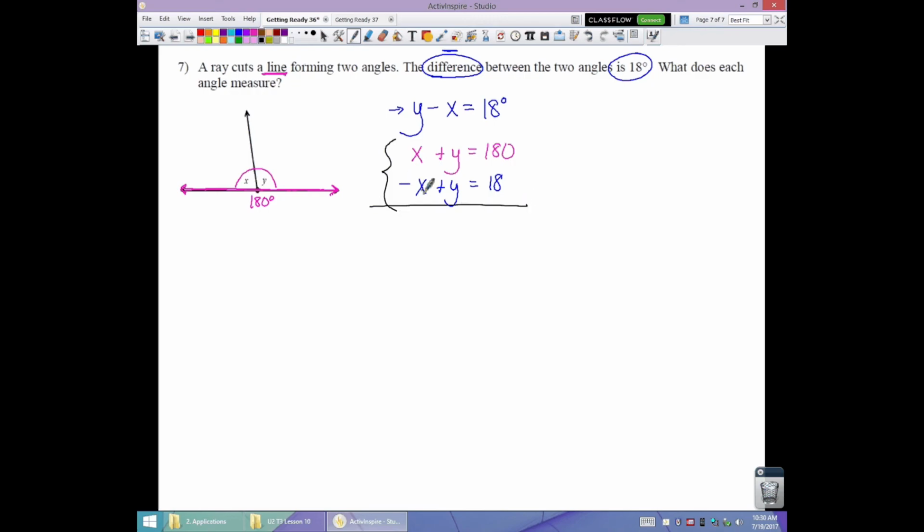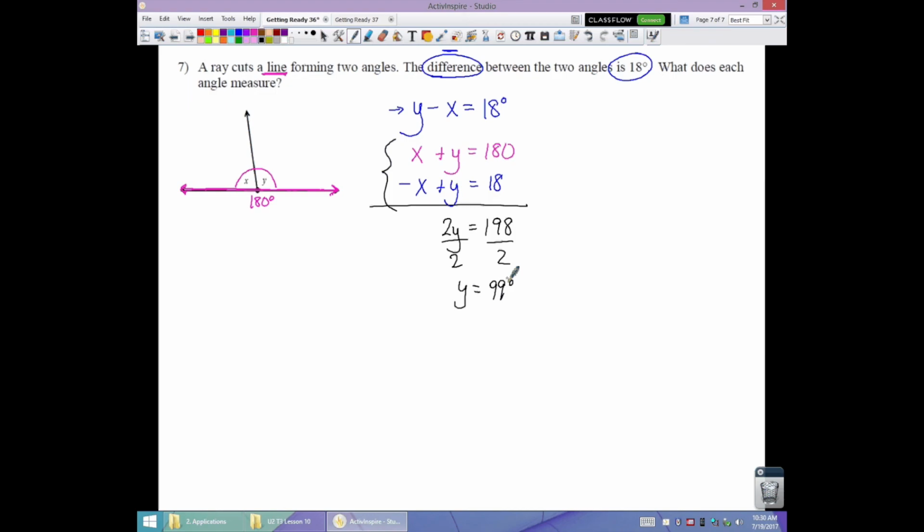So x and negative x is eliminated. Y and another y makes 2y. 180 and 18 makes 198. Divide both sides by 2. Y is equal to 99. So what's the value of x?